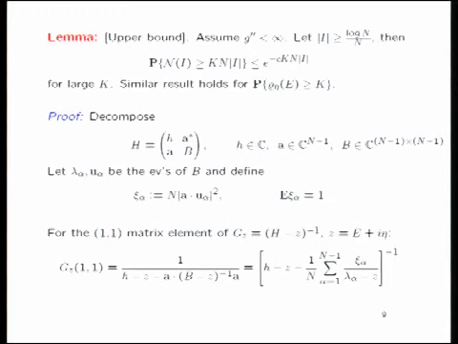Here is just a notation. You use lambda alpha and u alpha for the eigenvalues and eigenvectors of B. Then you define a symbol called Xi alpha. This Xi alpha is the inner product of a and u alpha, squared, times n.